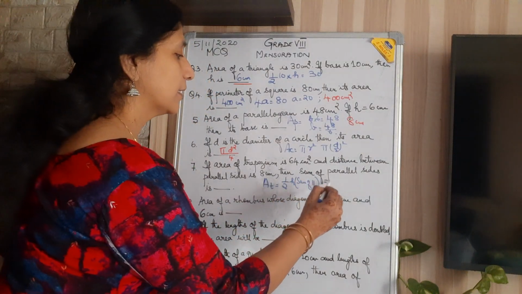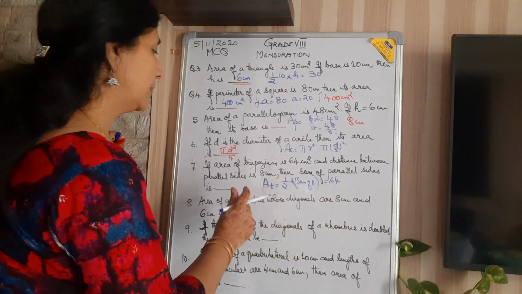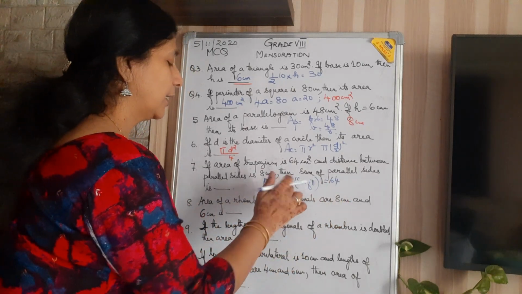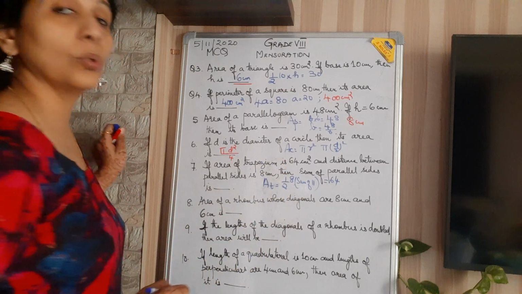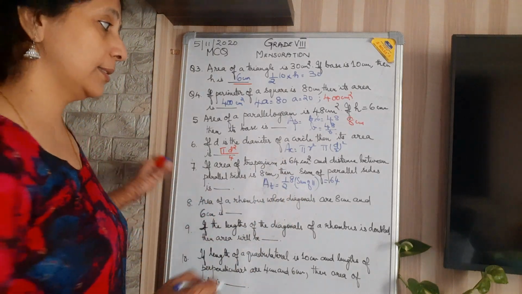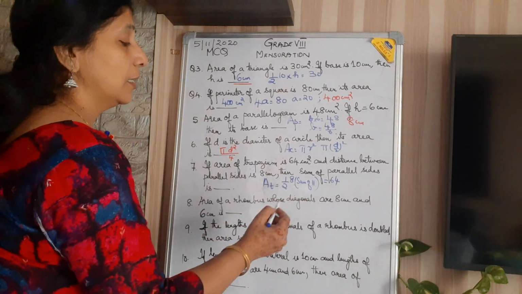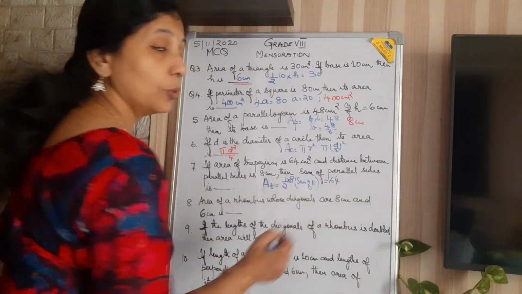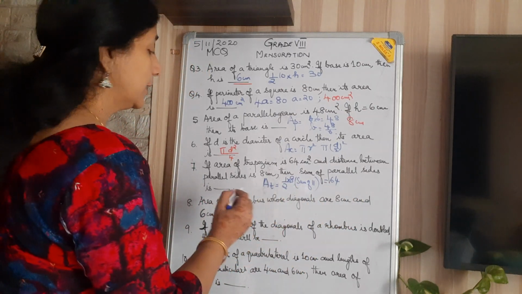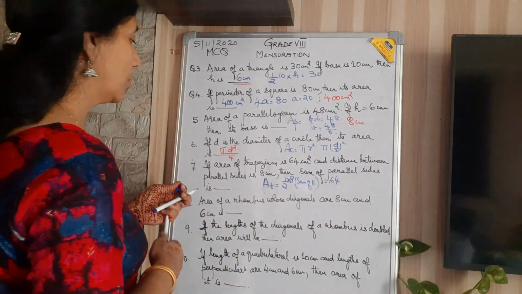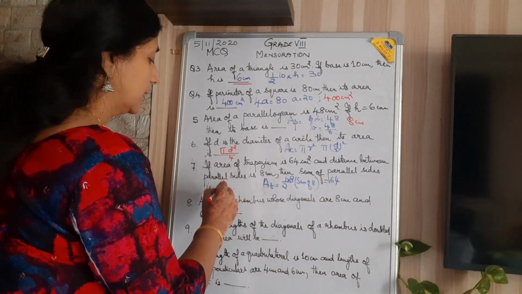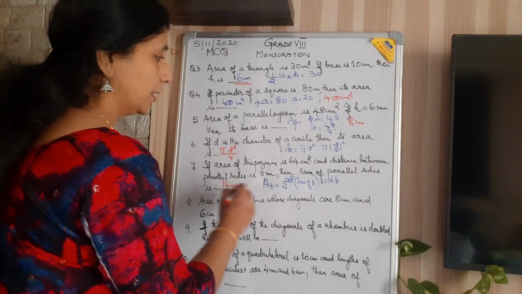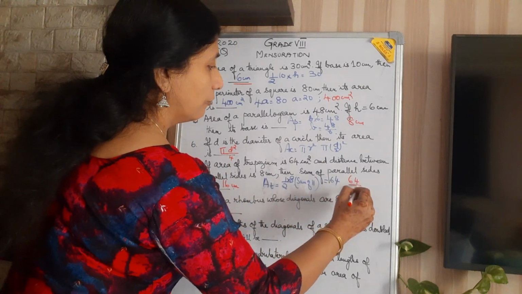Area is given as 64 and the distance between the parallel sides h is given as 8. So 4 into the sum of parallel sides is 64. So the sum of parallel sides is 64 by 4, which is 16. So you got the answer as 16. The unit is centimeter.